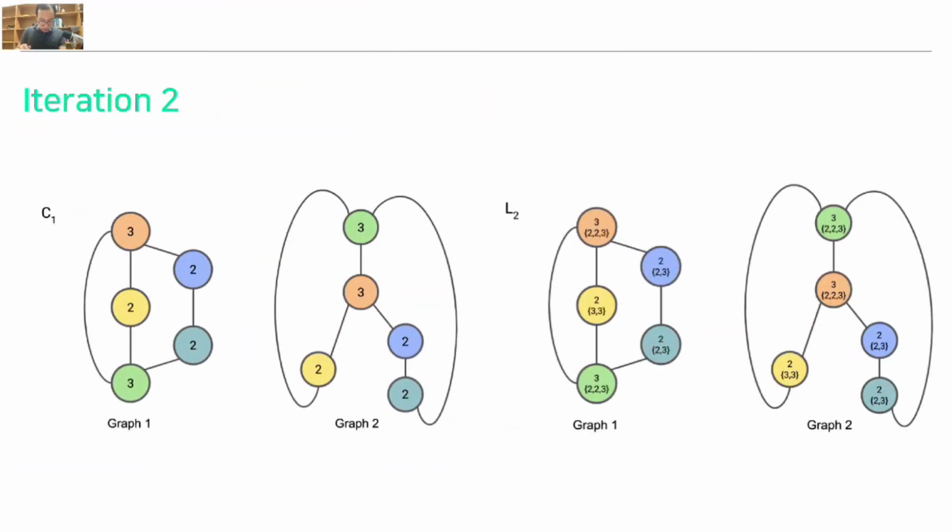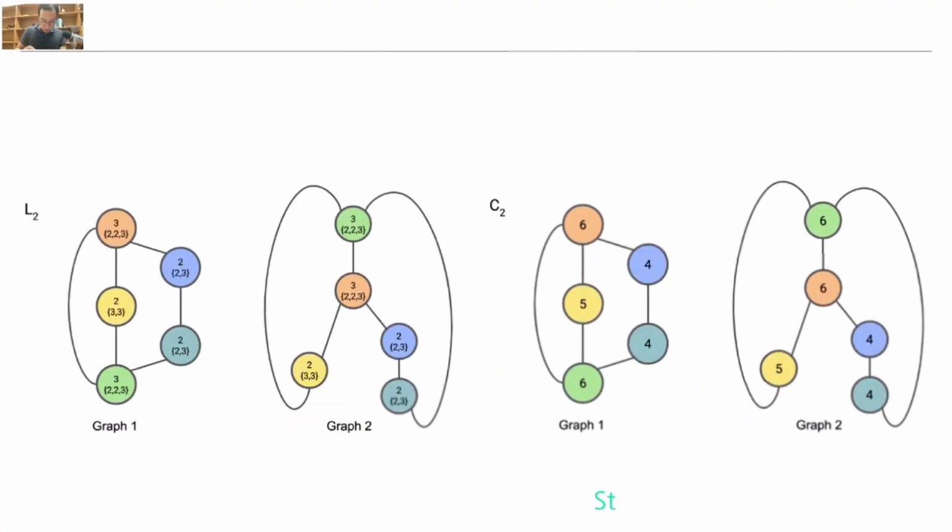We keep iterating the same procedure. We see the neighbors, and the 3 is surrounded by 2 2 3, and this is surrounded by 2 2 3. We are able to create the tuple. Now we get this.